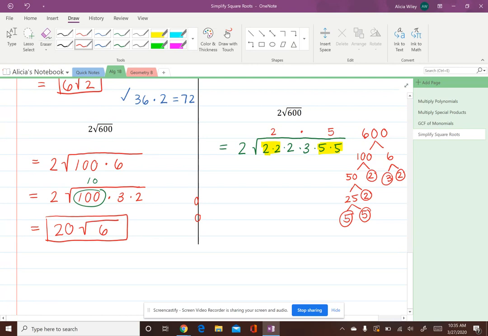So you have a 5 times a 2 times this 2 as well, which gives you 20. And the only thing left underneath is the 2 times 3, so you get a 6. And you get the same exact answer.